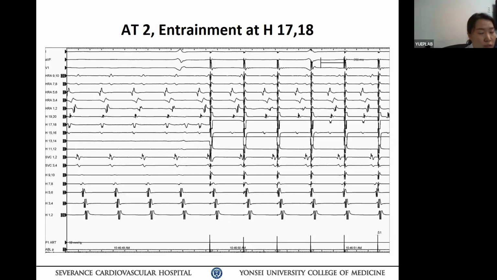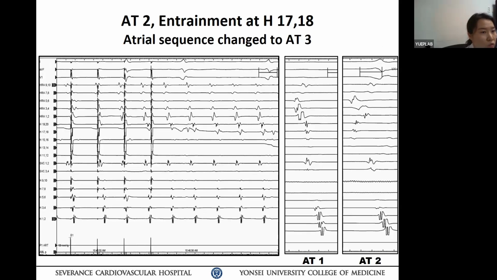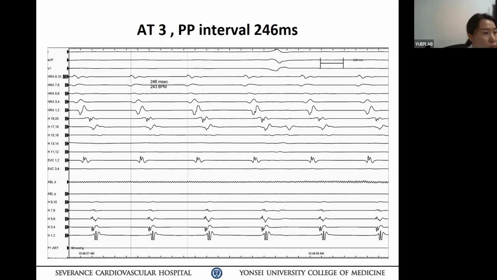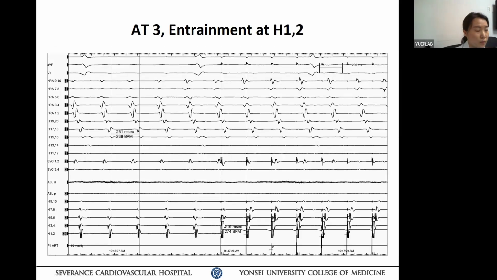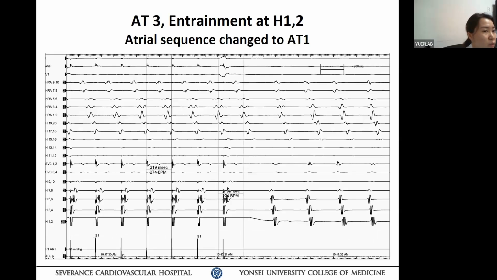When we entrained at 17-18, the activation sequence changed again to AT3, compared with AT1 and 2. During AT3, the PP interval was 246 milliseconds. We tried to entrain at 12 during AT3, but again the sequence changed to AT1 again.